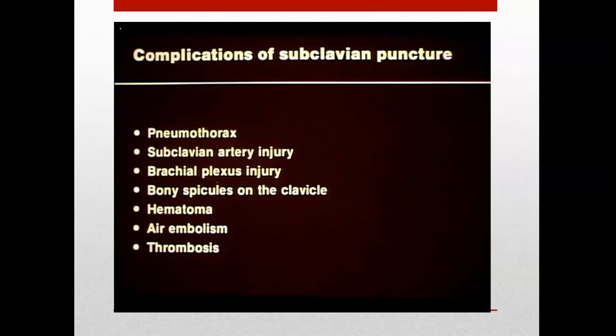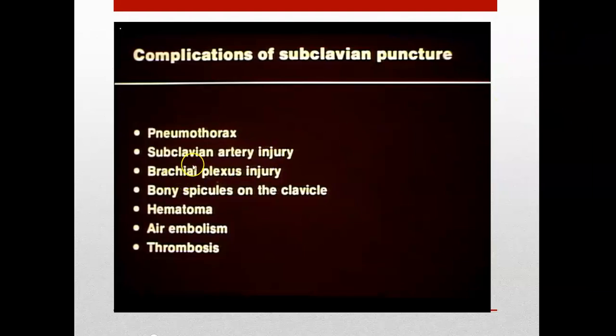Okay, so pacemakers are very commonly inserted through the subclavian vein. Subclavian veins are utilized very frequently when it comes to pacemaker insertions. This slide really just lists common complications that can occur because of a subclavian puncture.